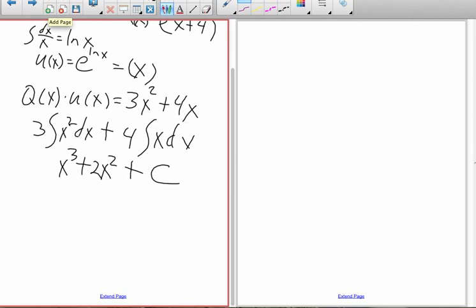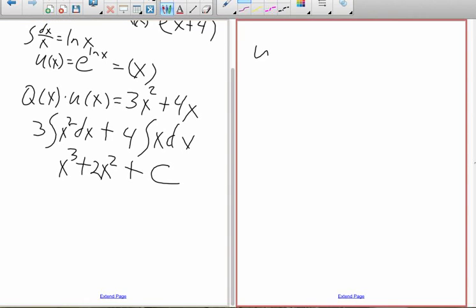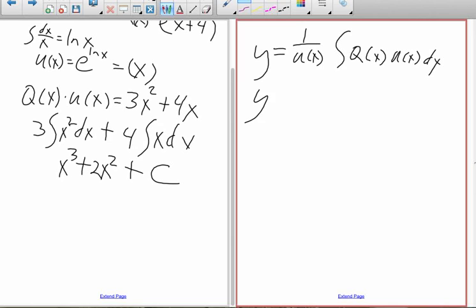All right, so we've got this now. Now we can come back over and write our solution. Remember, our solution is of the form y equals 1 over u of x times the integral of q of x u of x dx. So we know what u of x is.